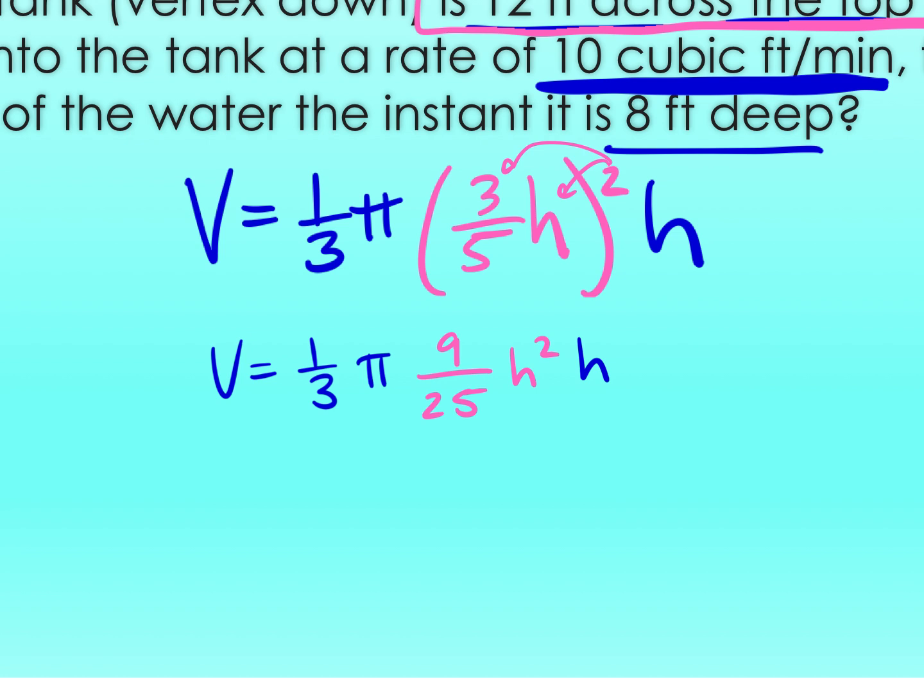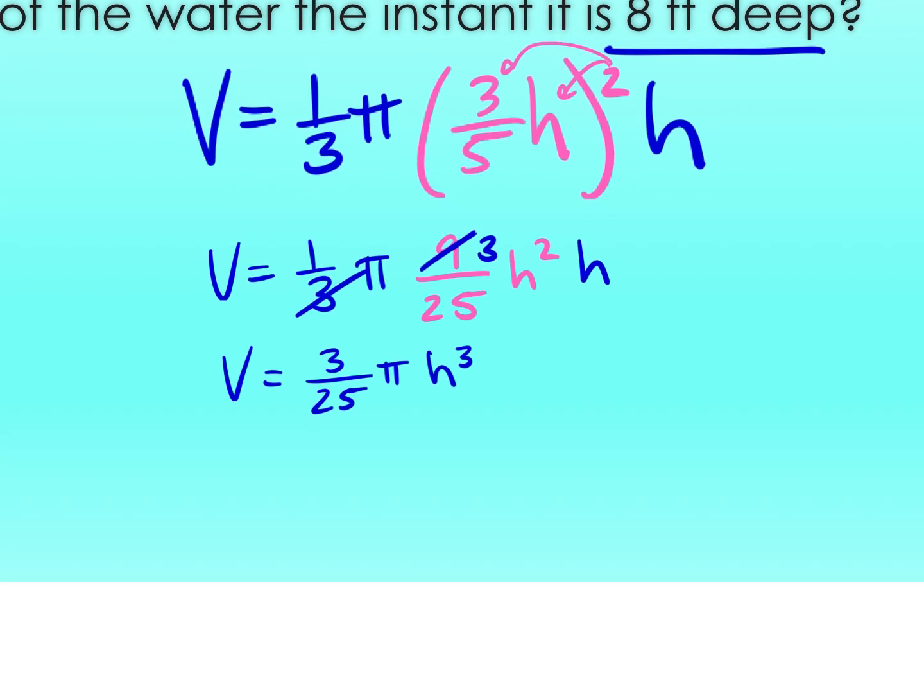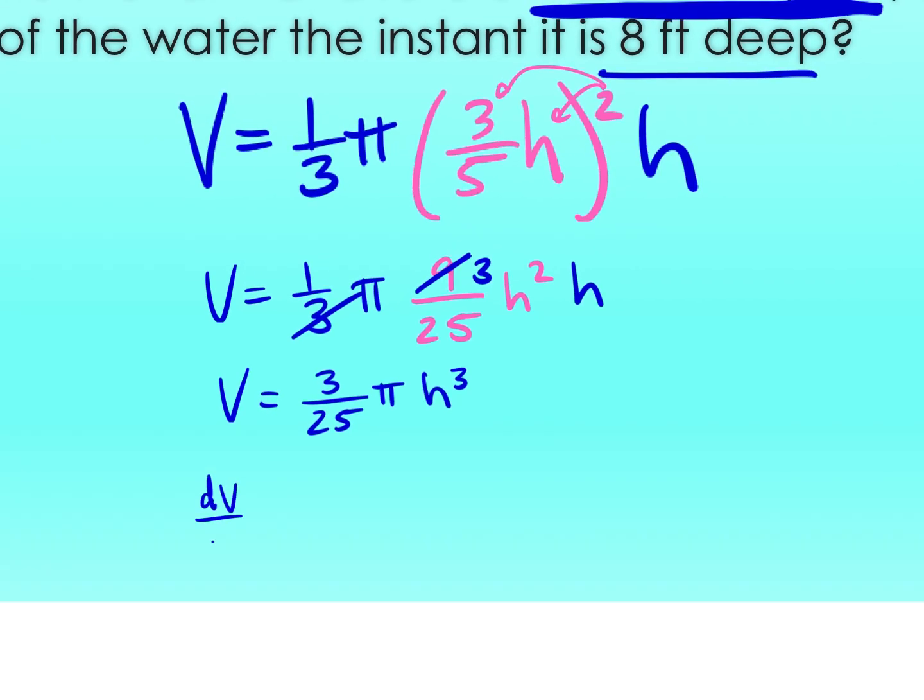We can simplify it a little bit more. 3 goes into 9 3 times. So this would be 3 over 25 pi times h cubed. Now let's take the derivative. dV over dt is equal to, our constant's just going to stay, we'll leave it out front, so 3 over 25 pi.